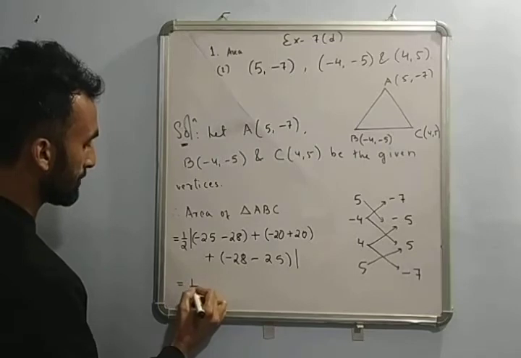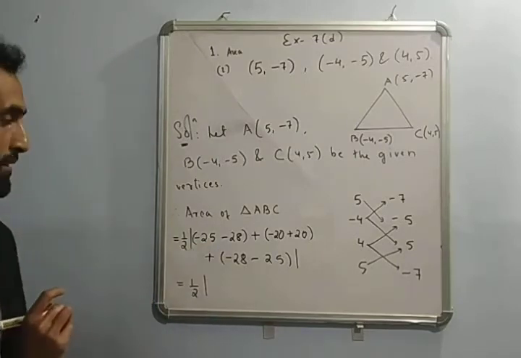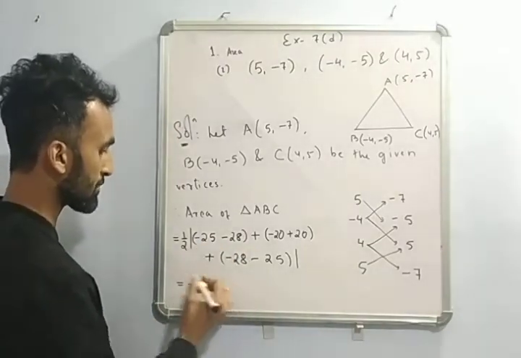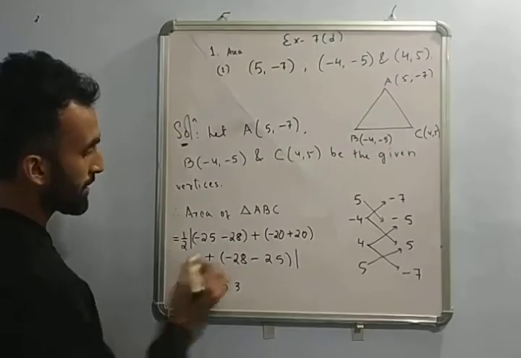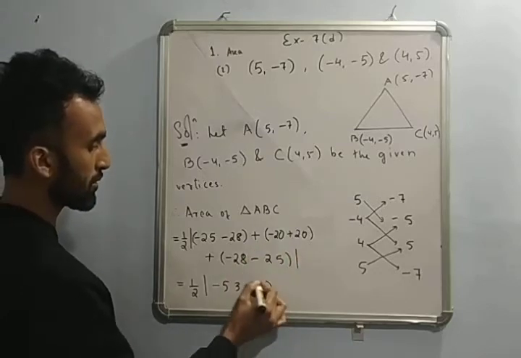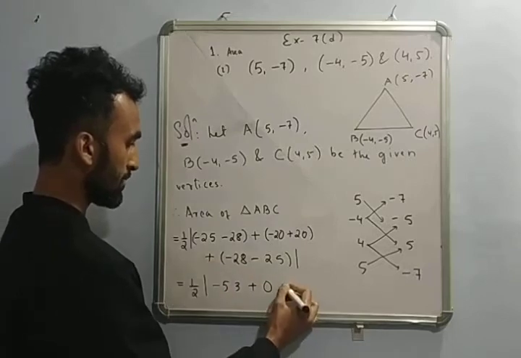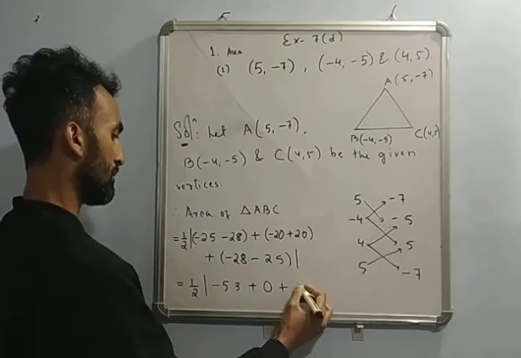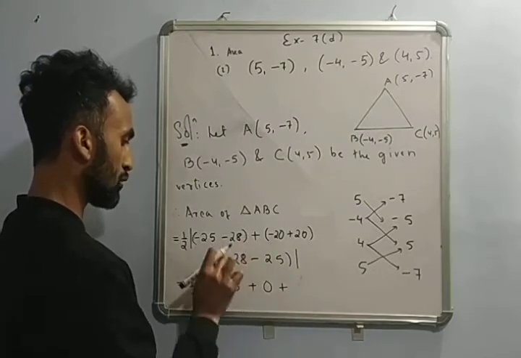Equal to half. So minus 25 minus 28. You have to add these two. Minus and minus we add. Sign is minus, and this becomes 53. And here plus sign. Minus 20 plus 20 is 0. And here is again plus. Again same thing, but this output will be minus.